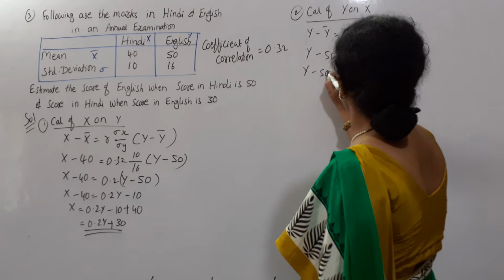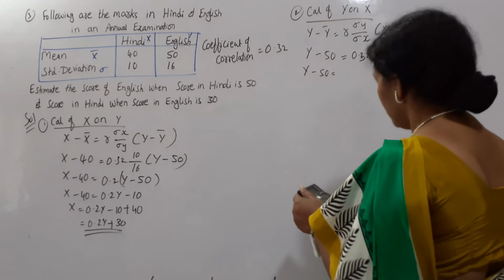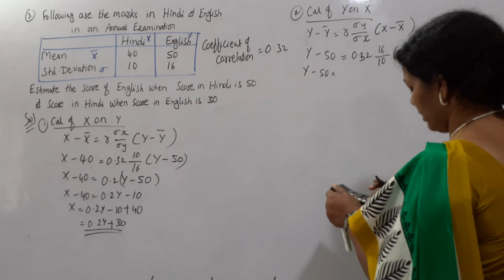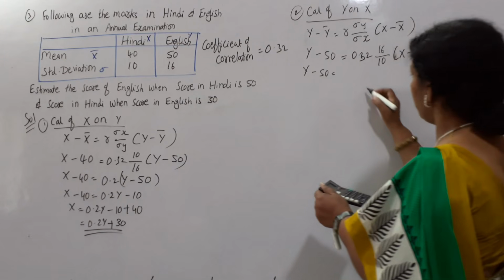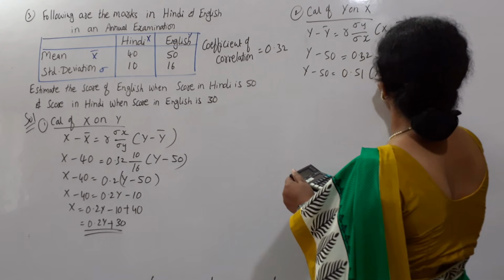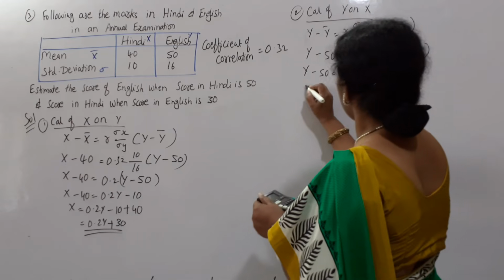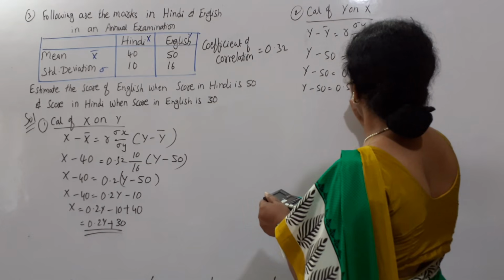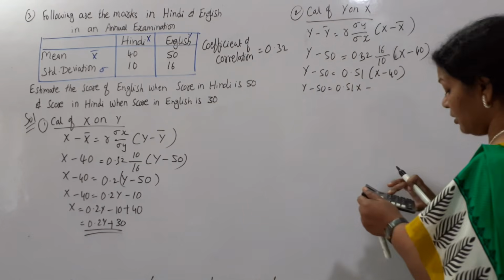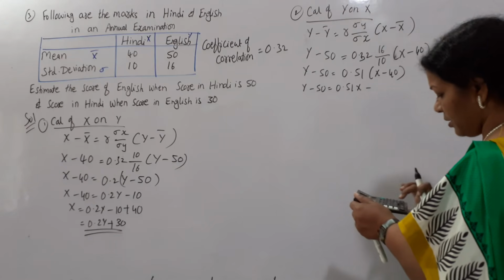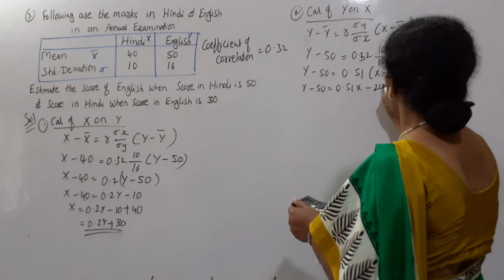Y minus 50 is equal to 0.32 into 16 divided by 10. It comes to 0.51 into x minus 40. In the next step, y minus 50 is equal to 0.51x minus 0.51 into 40, which comes to 20.4.